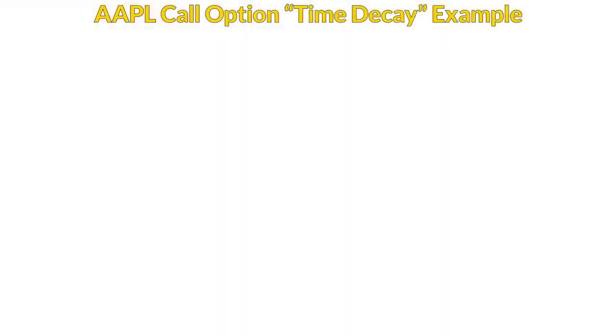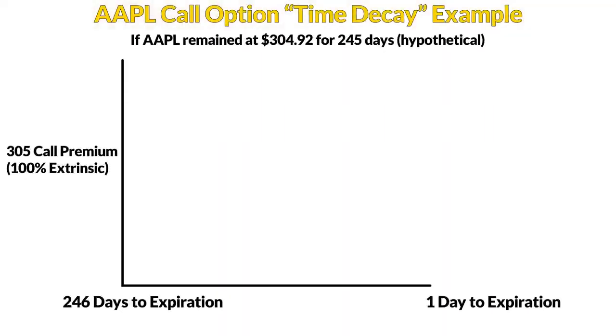So if we can imagine that I buy that 246-day call option for $3,400 and hold it until it only has one day left until expiration, and Apple is still right at $304.92, then we could think that I would lose about $3,100 on that position.